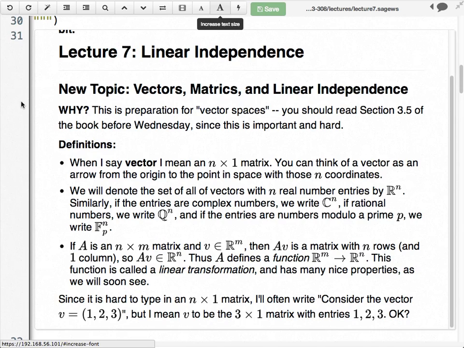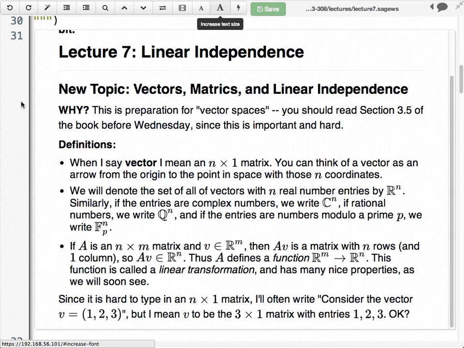Okay. Q, nope, not Q because of that pi. It's certainly in C4, but it's also in R4, because in fact, R4 is contained in C4. And yeah, some containments here. Q to the n is contained in R to the n. It's contained in C to the n. So try to choose the smallest one that contains it.